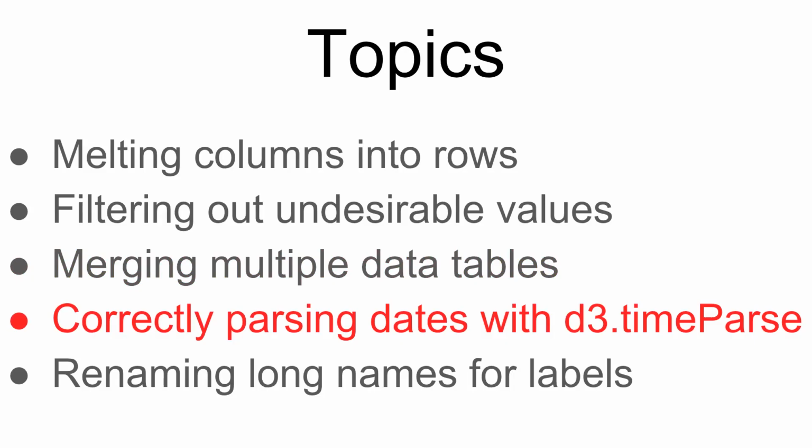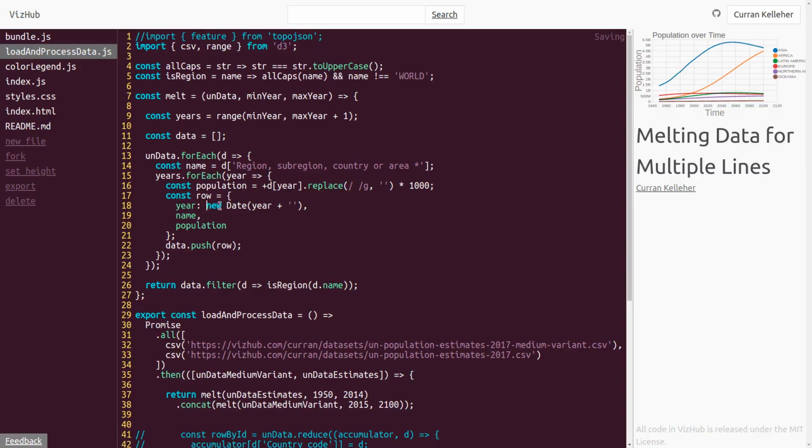We can parse dates correctly using d3.timeParse. See, here the code is calling new date and passing in the year as a string, but I think the problem here is that it's creating a date in my current locale, my current time zone. I think the proper way to parse years is to use d3.timeParse.